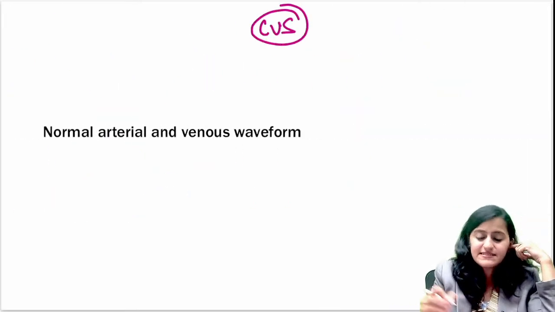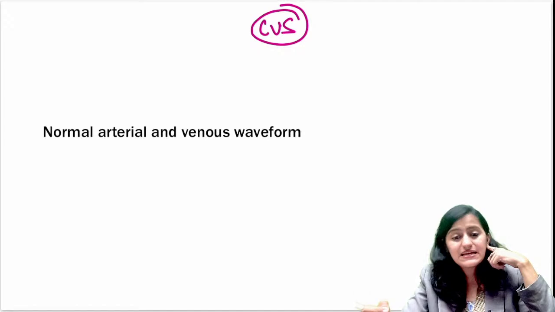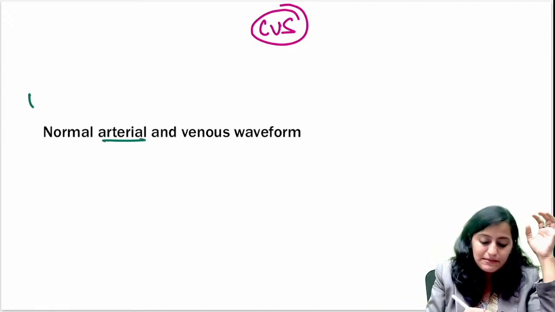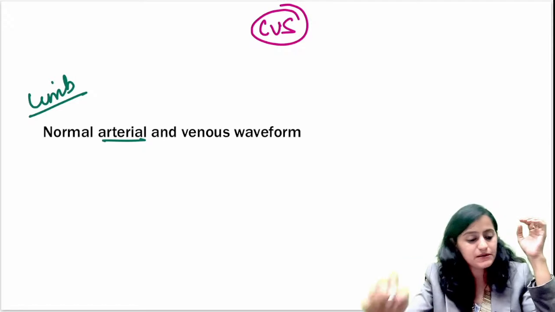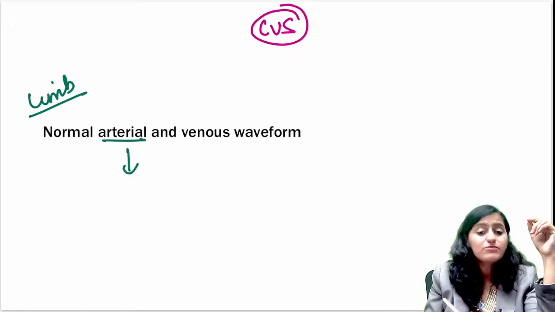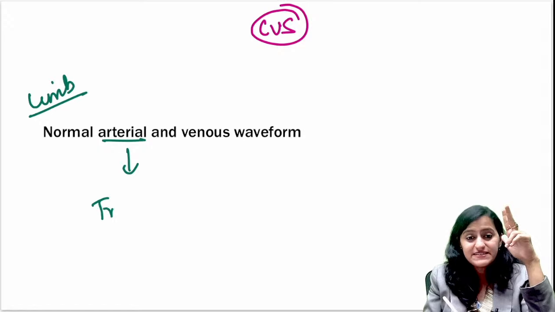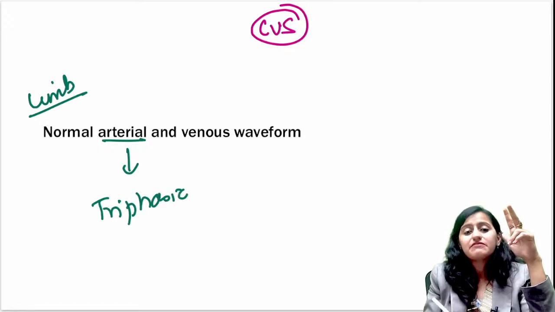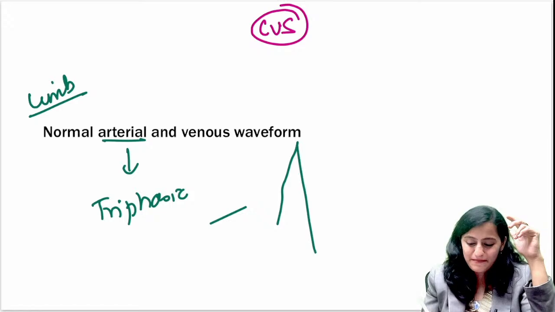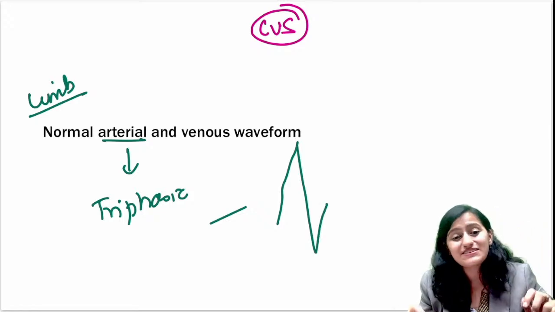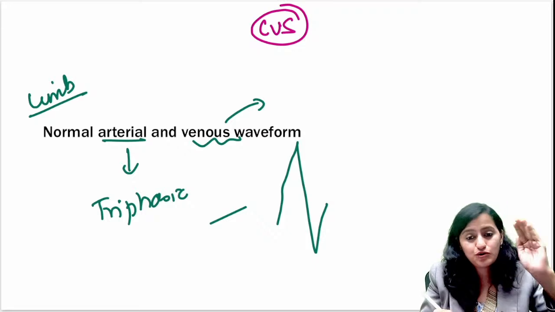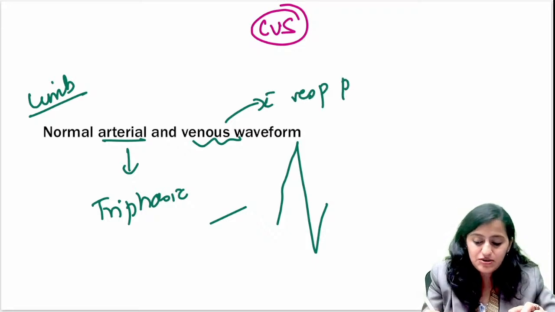Coming to the CVS system, what is a normal arterial and venous waveform that you generally see? Artery, if I talk about the limb artery, we are talking about the limb Doppler. What waveform does a normal limb artery have? Monophasic, biphasic, triphasic? It's a triphasic waveform. Okay? Forward, backward, and again there is forward. It's a triphasic waveform. The normal venous waveform is monophasic with respiratory phasicity.